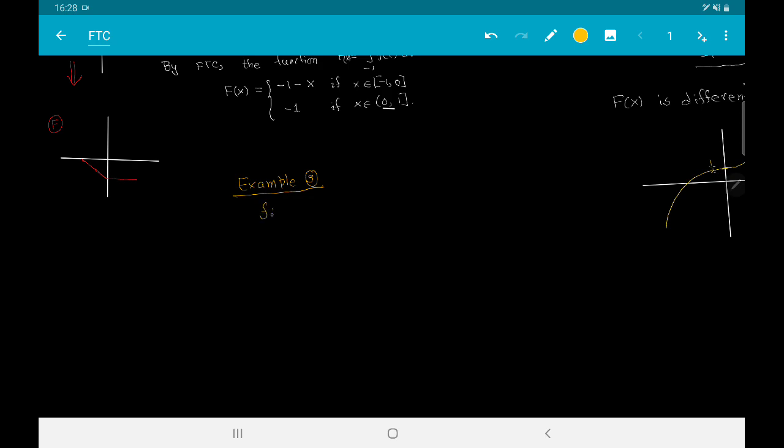So the question is, suppose g from [0,1] to R is defined by g(x) equal to the integral from 0 to x of dt by t to the power 6 plus 1.